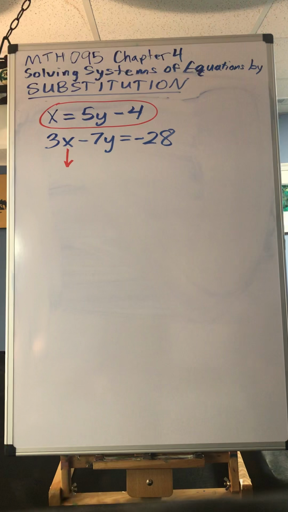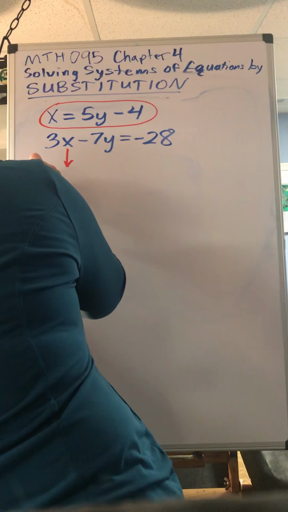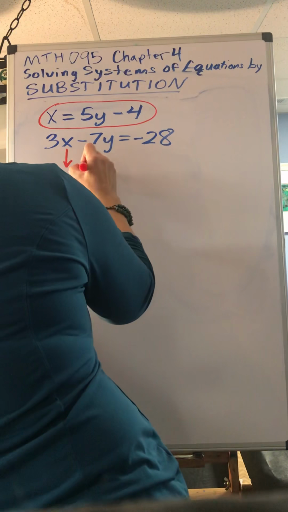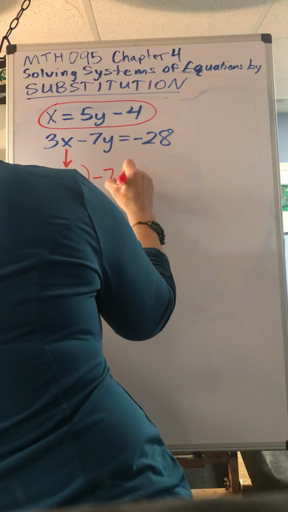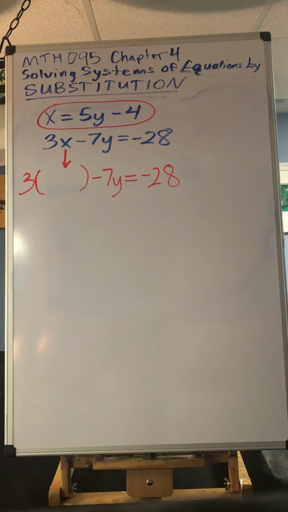That equation is solved for x, and I'm going to substitute for x into the other equation in that position. So instead of 3x minus 7y, it's going to be 3 times our new value for x minus 7y is negative 28. And our new value for x is going to be the expression 5y minus 4.